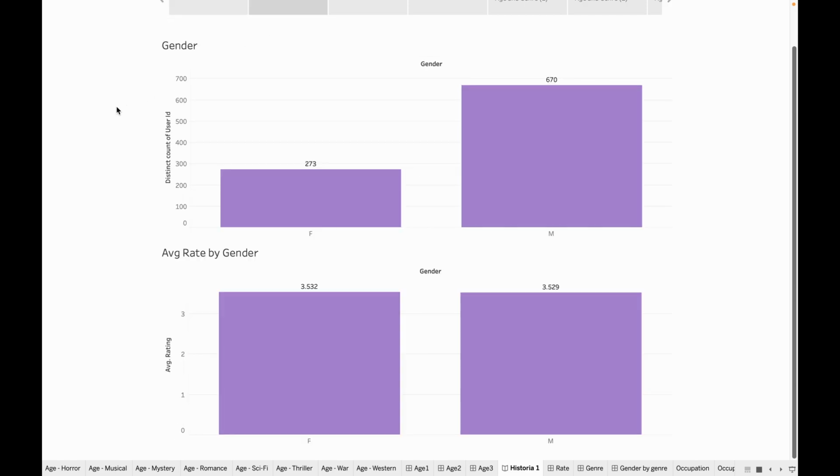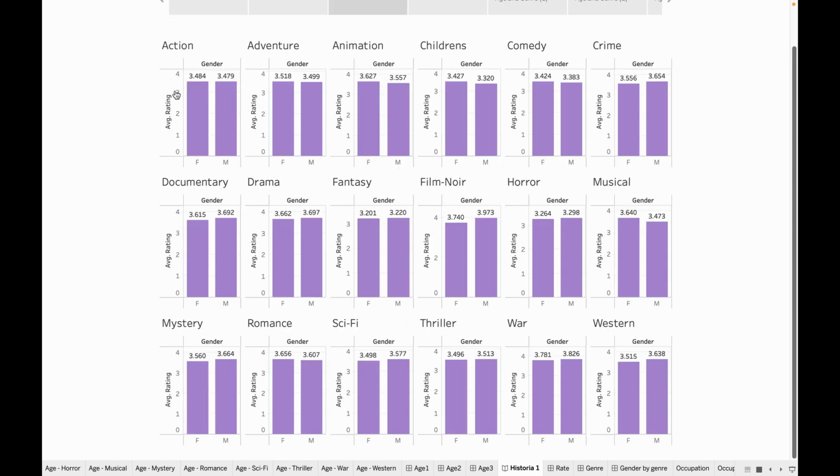Then we have the distribution of gender, in which we can see that there are a lot more males than females, and also that females and males rate really similarly. And then we are going to analyze the ratings each gender gave depending on the genre of the movie.